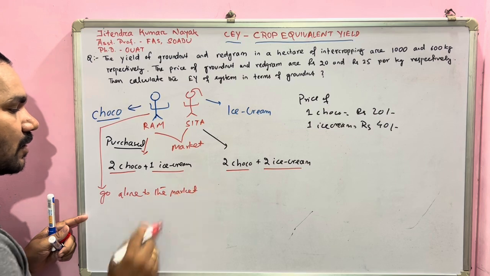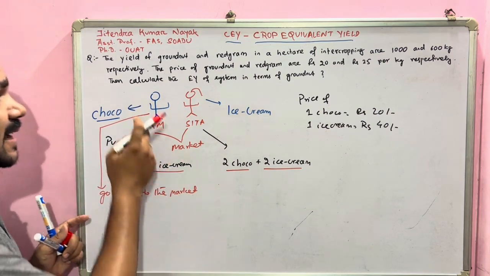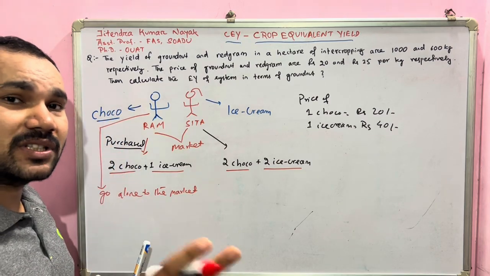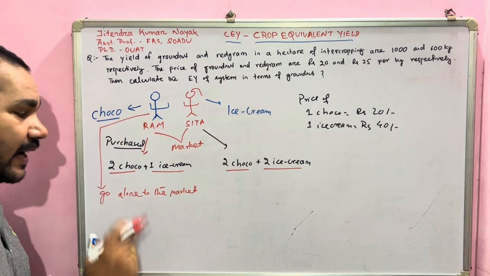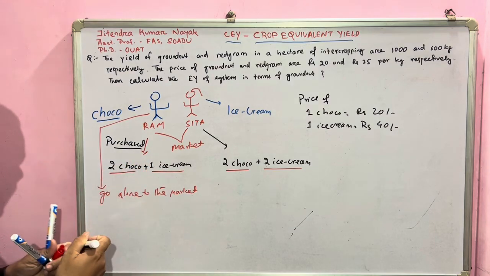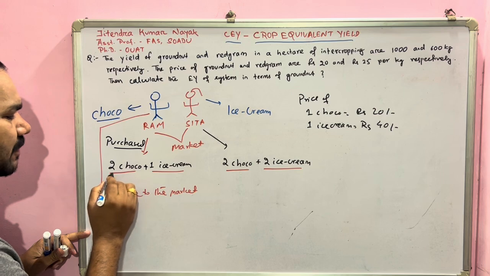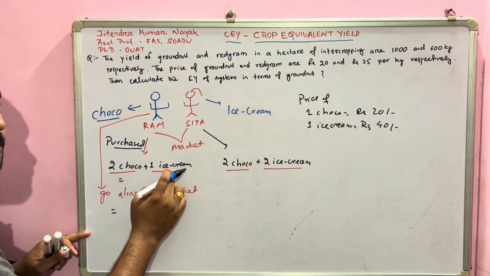If Ram goes alone to the market, then obviously, as Ram likes chocolate, he will purchase only chocolate. He will not purchase ice cream because he has gone alone. Now let us see how much price Ram has spent.